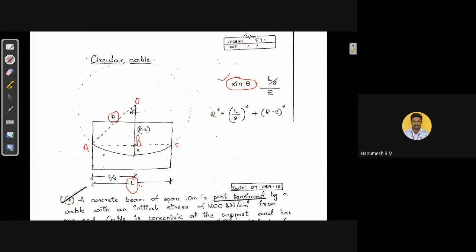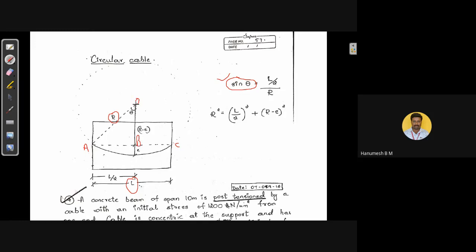Now, I am going to consider this triangle OAB and apply the Pythagoras theorem. The square of the hypotenuse is equal to the sum of the squares of the adjacent and opposite sides. That is R square, the hypotenuse side, is equal to L by 2 whole square plus this length, which will be R minus e.